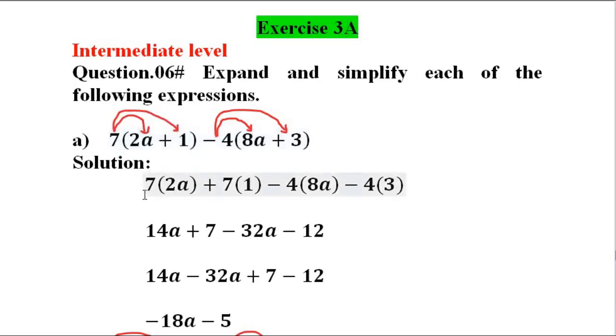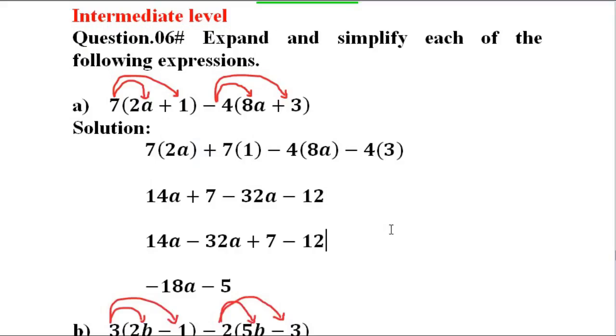So we have 7 times 2a, positive 7 times positive 1. Then we can distribute the negative 4 to the positive 8a and to the positive 3. We have negative 4 times positive 8a, negative 4 times positive 3.